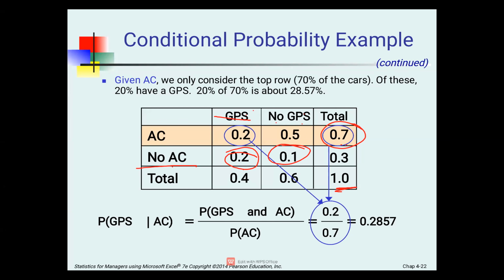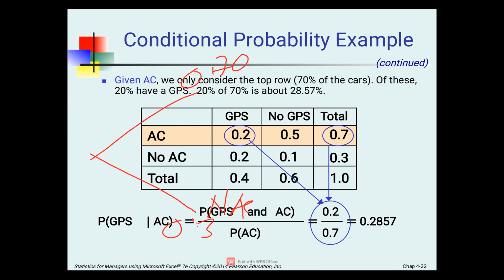So what we want to do is make a decision tree. Here is your decision tree. A person can have air condition or not have air condition. What is the probability that the person has air condition? 0.7, and obviously 0.3 is for not having air condition.